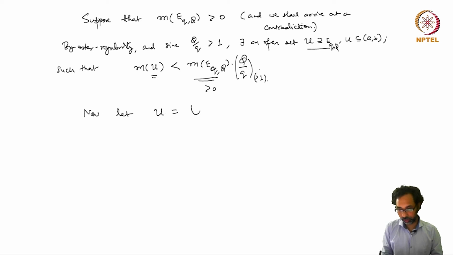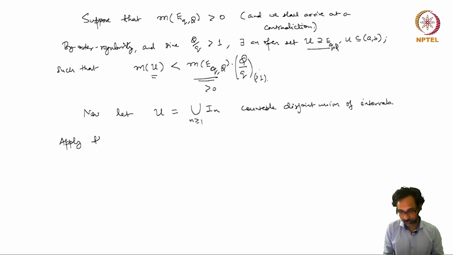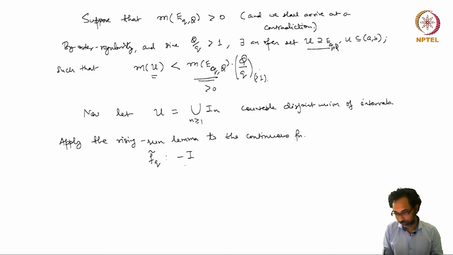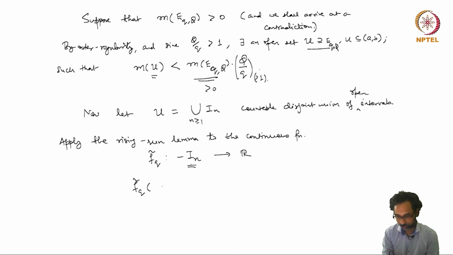Now let U be written as a countable disjoint union of intervals In, and we apply the rising sun lemma to the continuous function f tilde q, which is defined on minus In to R, and this function f tilde q on minus In is defined by f of minus x.